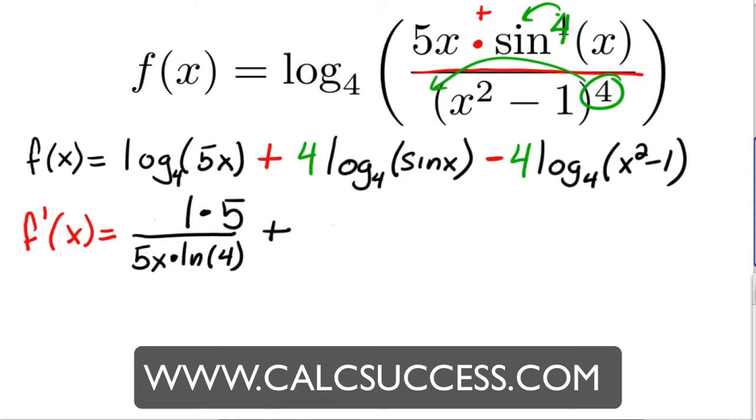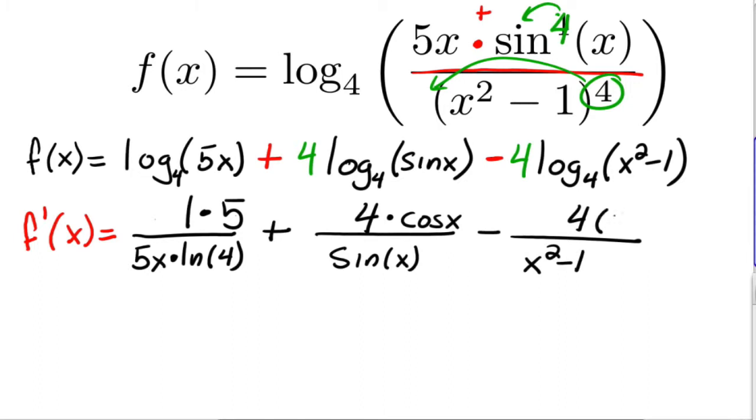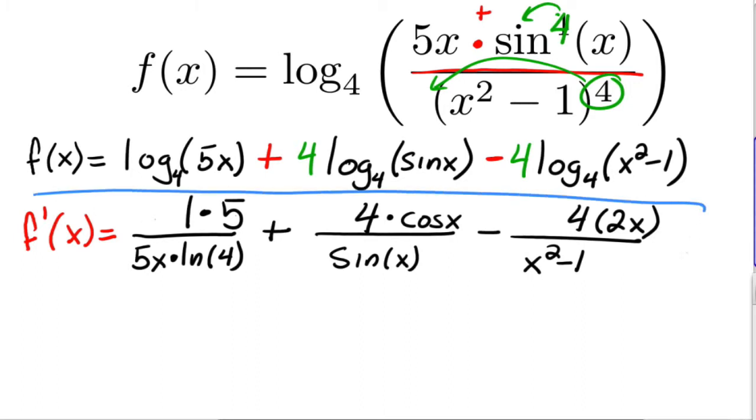Okay, and then plus, and then I have 4 over, I'm not going to put the 1 this time, and actually you can remove it from here. But it's 4 over the inside, which is sine of x, and then times the derivative of sine of x, which is cosine of x, and then minus 4 over the inside, which is x squared minus 1, times 2x. And that's it.